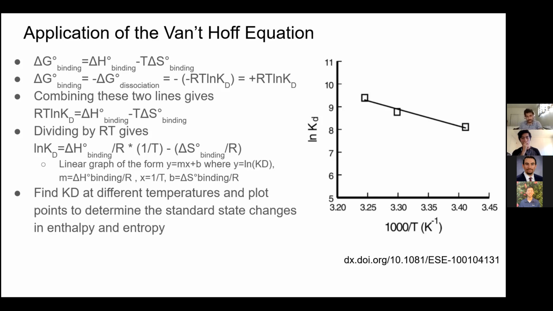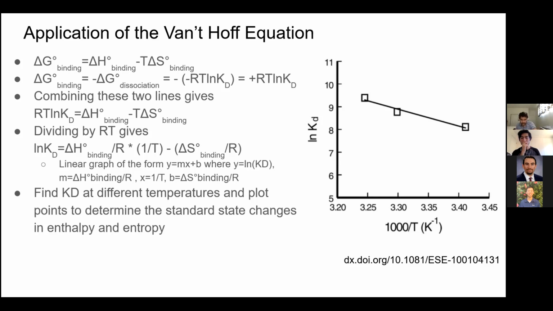Then if you divide by RT, you get a weird looking equation, but it's actually something you can plot as a line, with X being inverse T and Y being ln of KD.